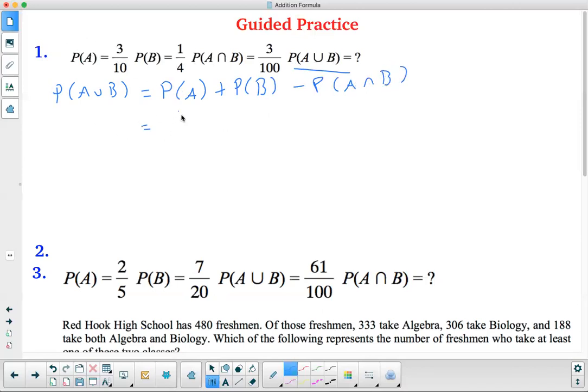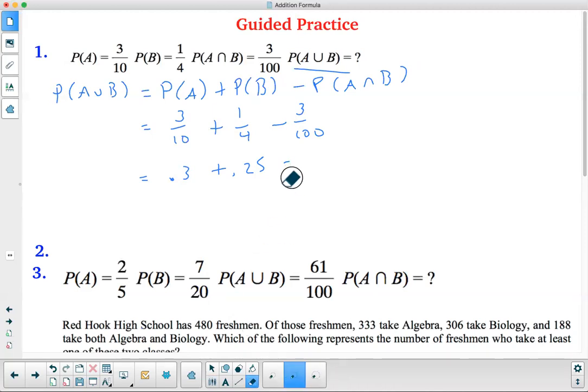It tells us A is 3/10, probability of B is 1/4, and A and B is 3/100. So 3/10 is 0.3, 1/4 is 0.25, and 3/100 is 0.03.